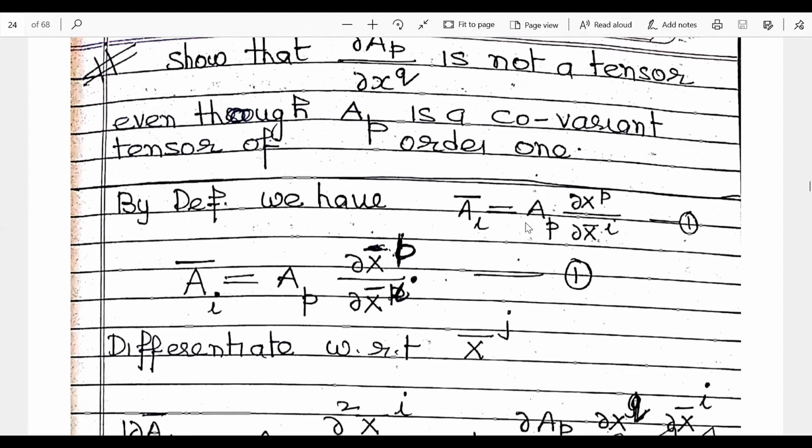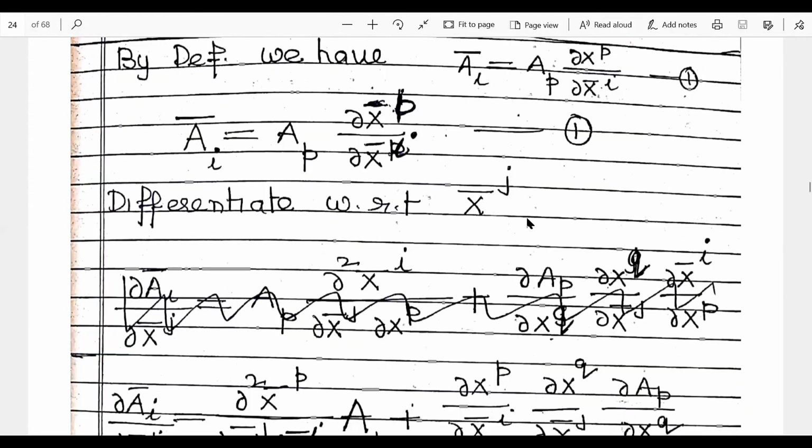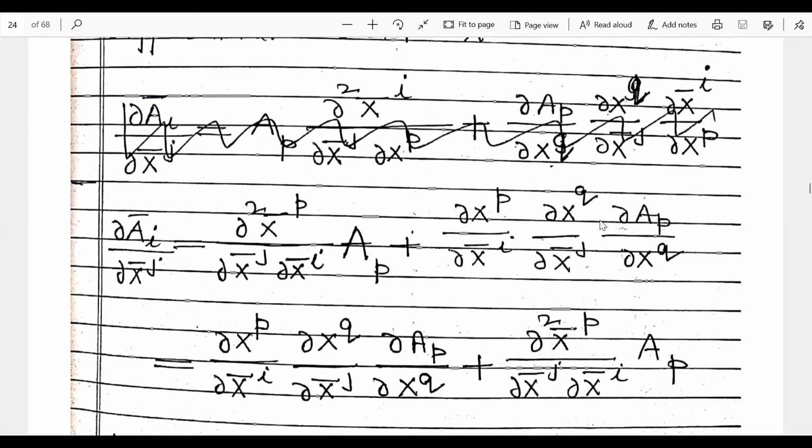Now we cannot differentiate this term with respect to bar directly, so we introduce a new variable which is non-bar, that is q. First we differentiate Ap with respect to xq, and then xq is differentiated with respect to x bar j.